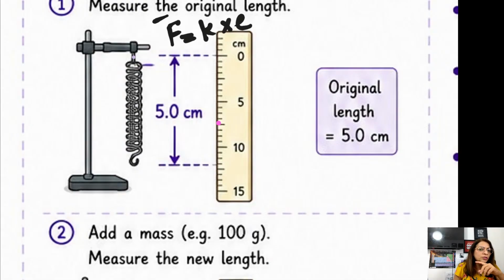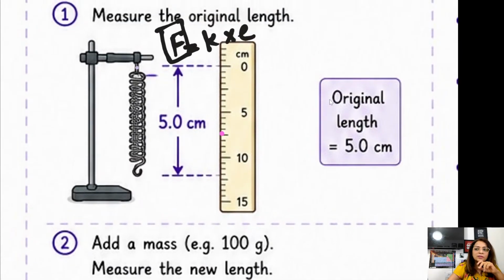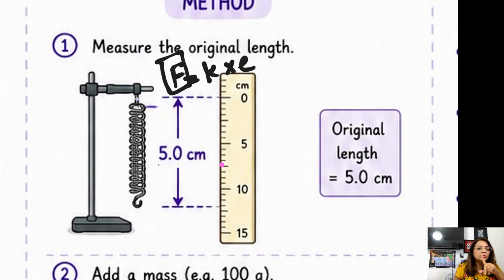Now this is one force, and there is another force which acts downwards. There are two forces acting on the spring when you have an object or a mass on it. Tell me, what is the second force that acts on the spring? Let's see how many of you know this. Just answer my question.